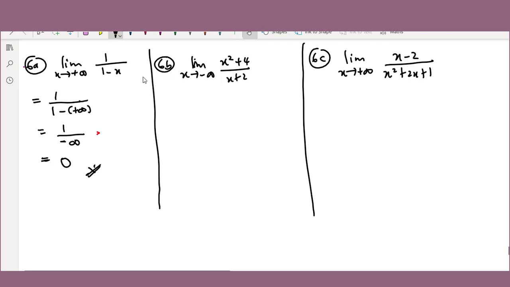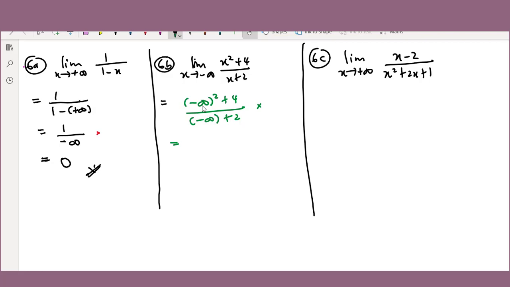Okay. Number 6b. First thing, substitute. And here is positive infinity. Why? Because, I show you, this is not a good solution. Negative infinity plus 2, this is not a good solution.